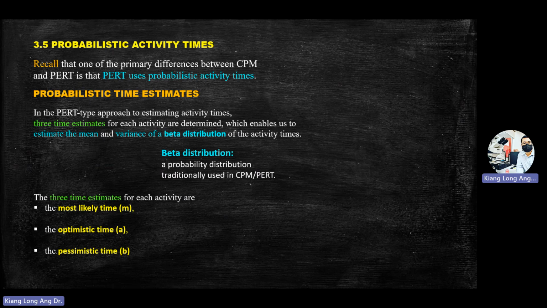Most likely means you are able to make it, like if you are more than 70% or 60%. Optimistic is a positive projection. Pessimistic is a negative projection. So in the statistics here, you know that you have 2 quadrants.